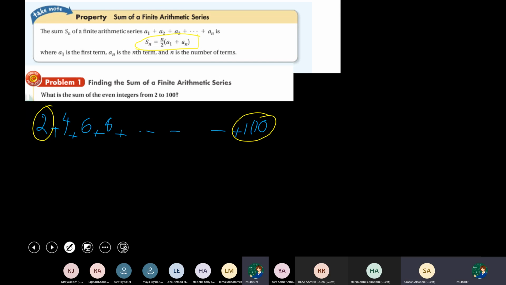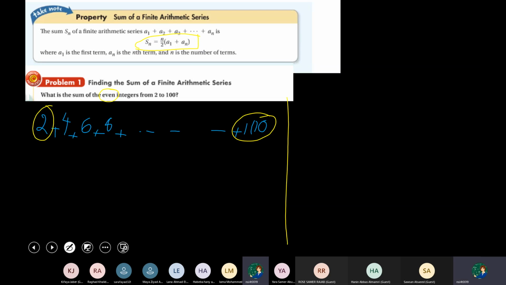Wait, no. It is 50. Yes, thank you. We have 50 even integers. Now, how can I know it is 50? Shall we count all of them? No. So I will give you a way to know how many even numbers there are between 2 and 100.